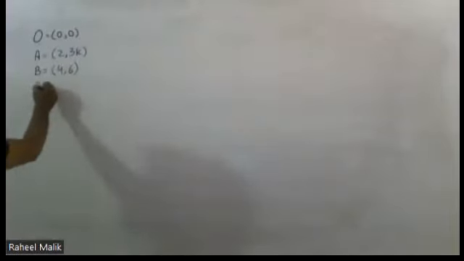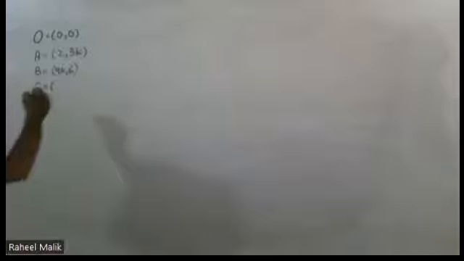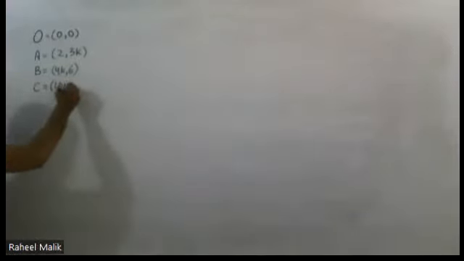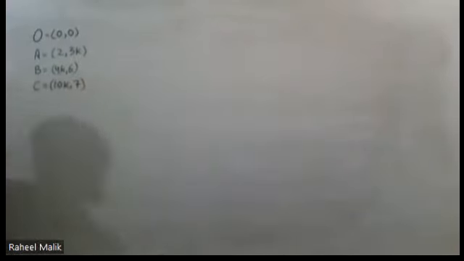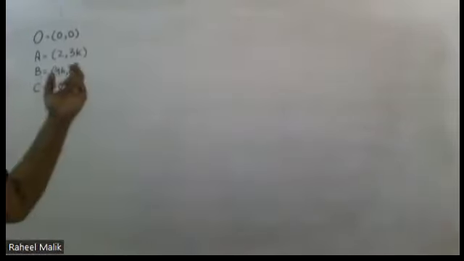And C is given (10k, 7). Okay, these are the coordinates. 4-point coordinates are given: O (0, 0), A (2, 3k), B (4k, 6), and C (10k, 7).